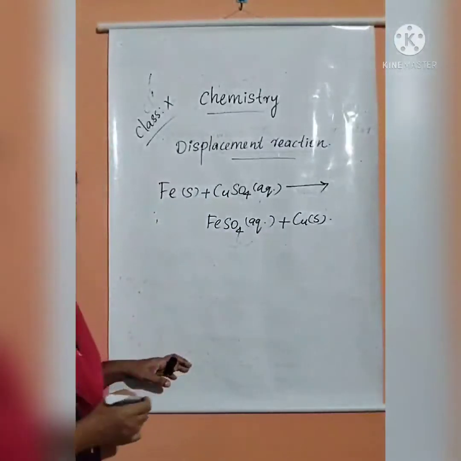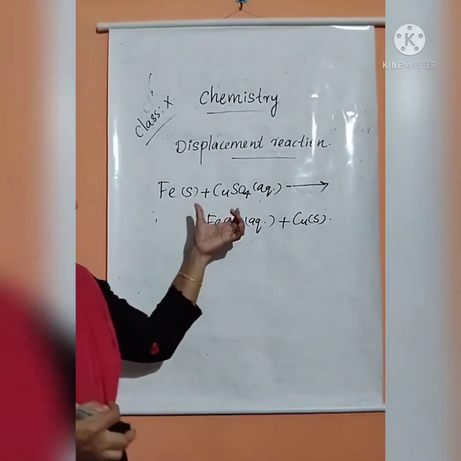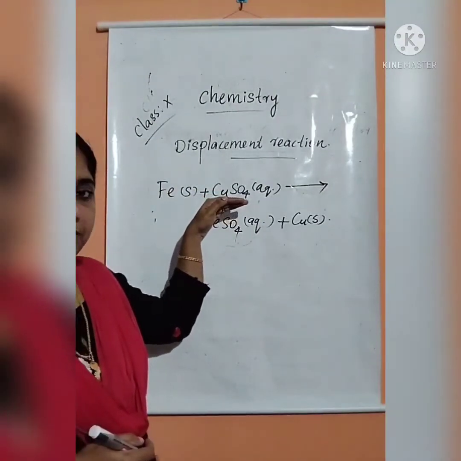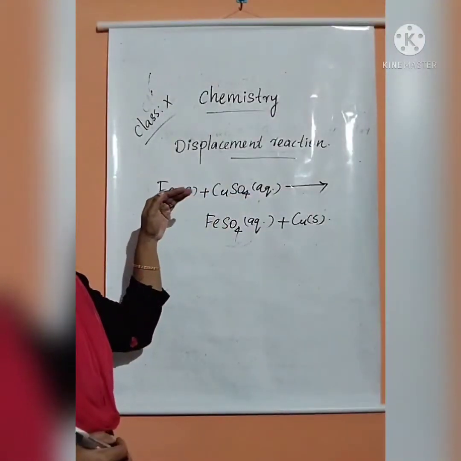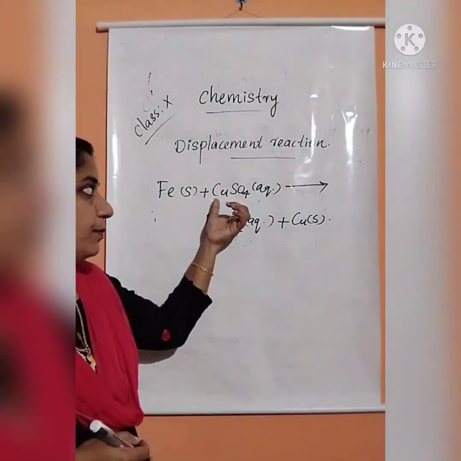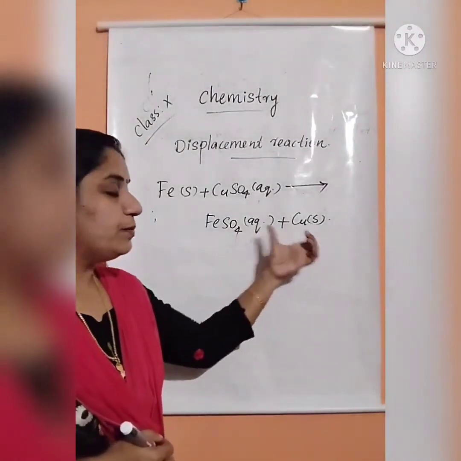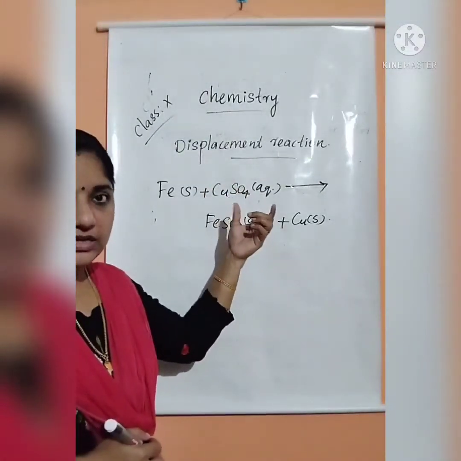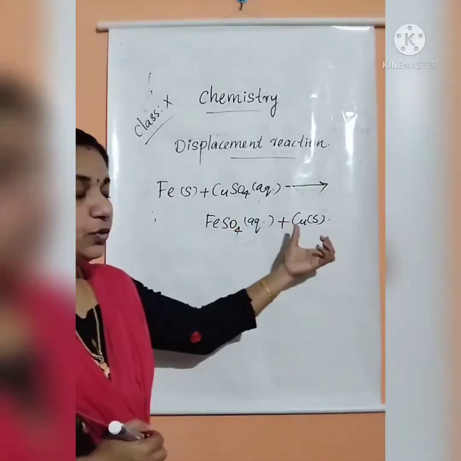When we keep iron nails in copper sulfate solution, iron displaces or removes copper from copper sulfate solution, and iron sulfate and copper are formed. Iron has displaced the element copper from copper sulfate solution.